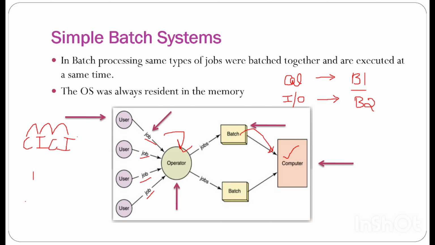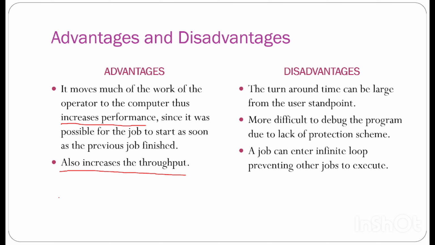So no switching will be required, only the ALU will be activated. Then the second batch will be, let's say, for the IO, so only the printer will be activated at that point of time. We do not require the working of the ALU. So the switching gets reduced, thus increasing the throughput of the system. That is also another advantage.